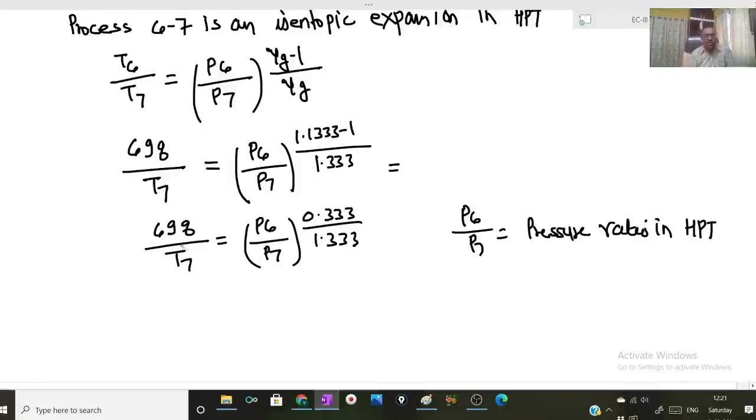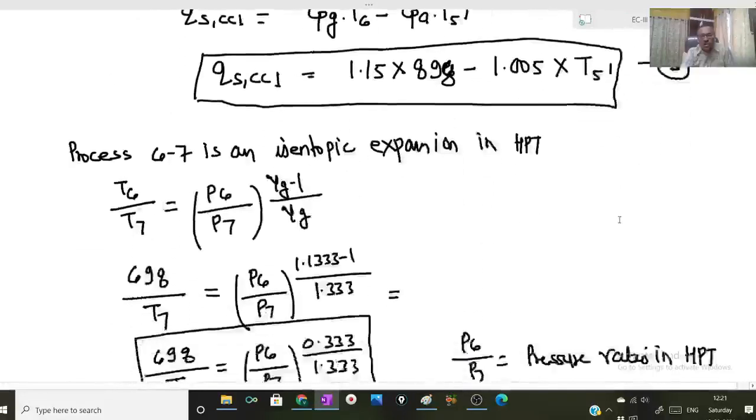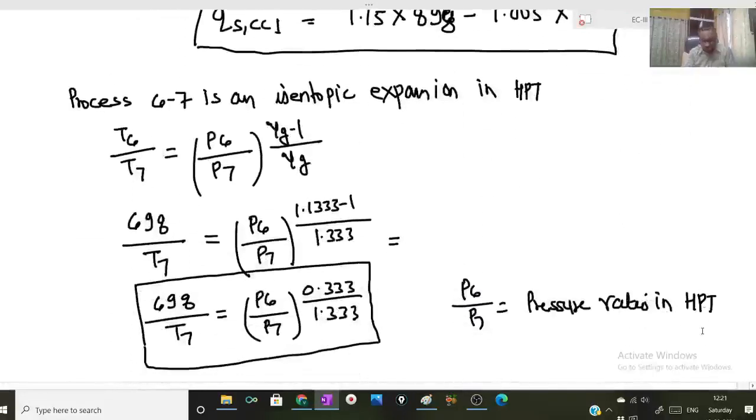It is not known to me. T7 is also not known to me. So again in this equation, two variables are unknown. So I can leave it here only by giving it some number. Let's say equation number 4.